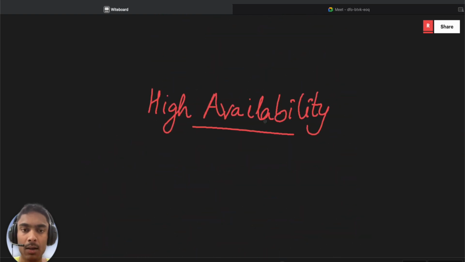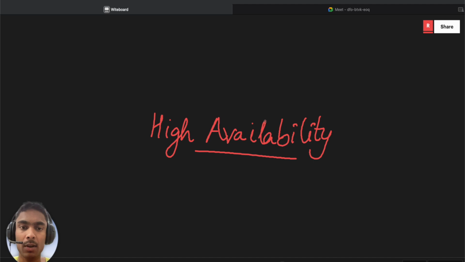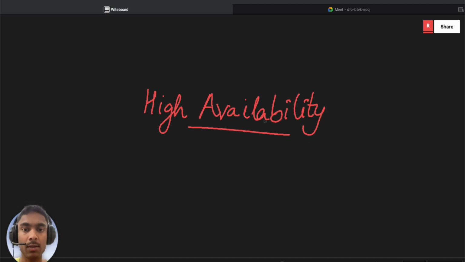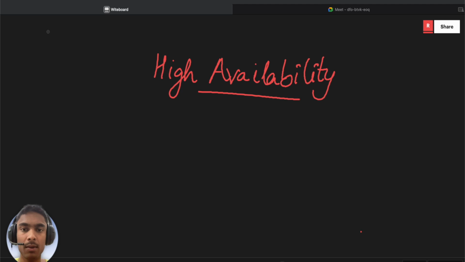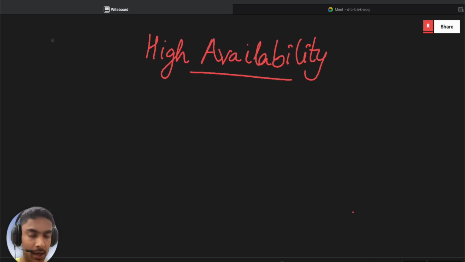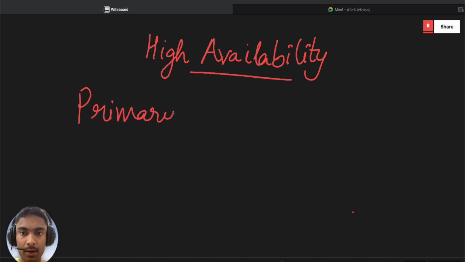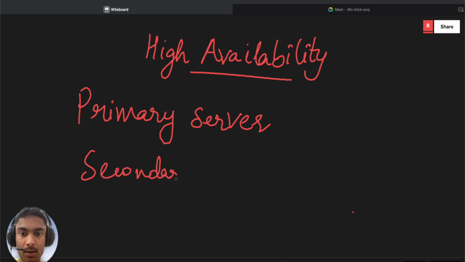Then another important and very desirable attribute is high availability. So what is it? By high availability, we mean that if the primary server, due to some circumstances, were to fail, then a secondary server is able to take over from this primary server quickly.